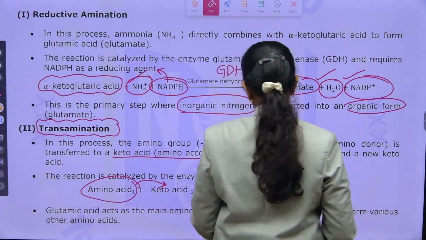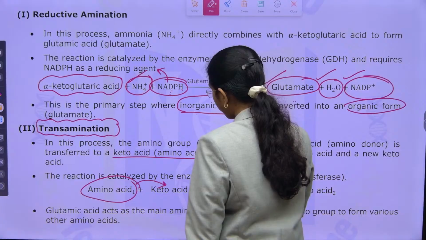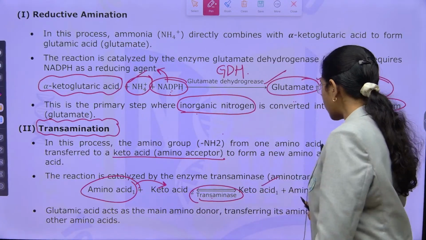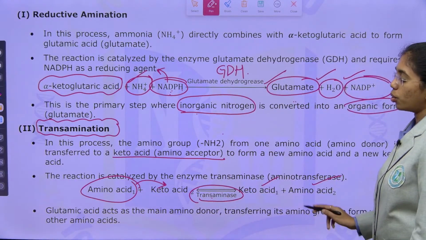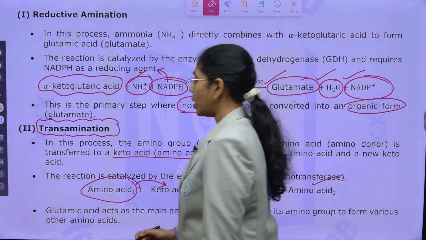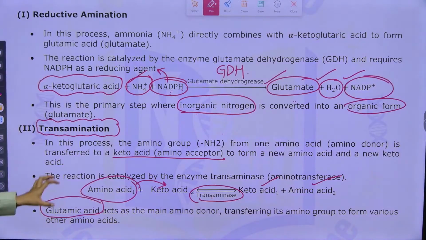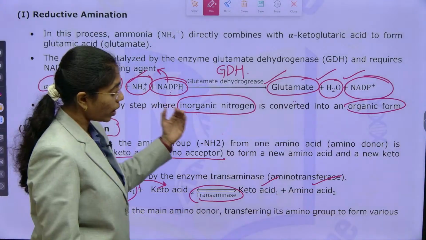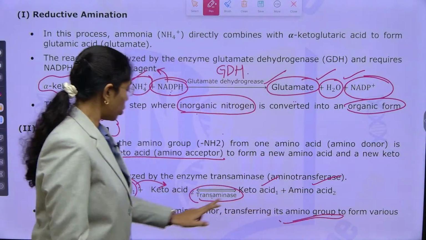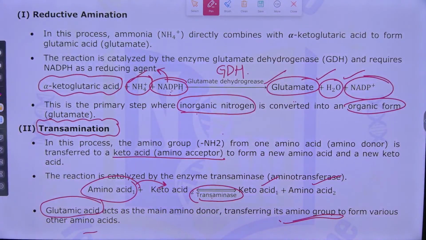Amino group will be transferred by the enzyme transaminase and this forms keto acid 1 and amino acid 2. Best example I can give you is glutamic acid, which acts as the main amino donor. This is by what? Transferring the amino group to form various other amino acids. This is the clear note of this, fine, right?